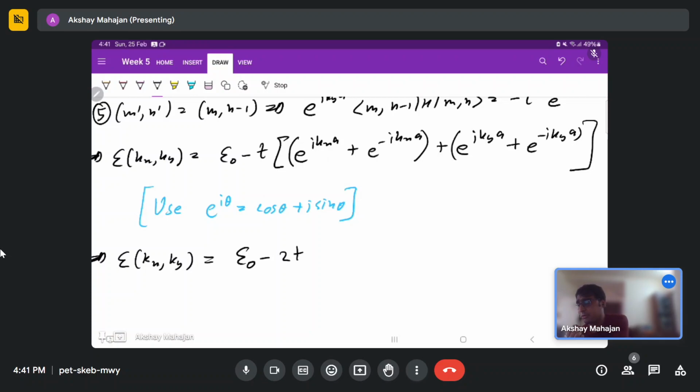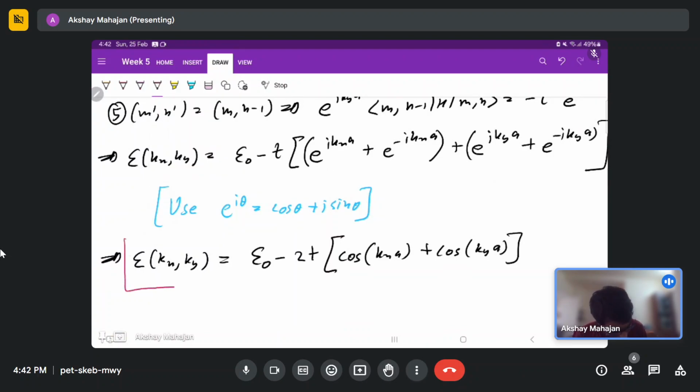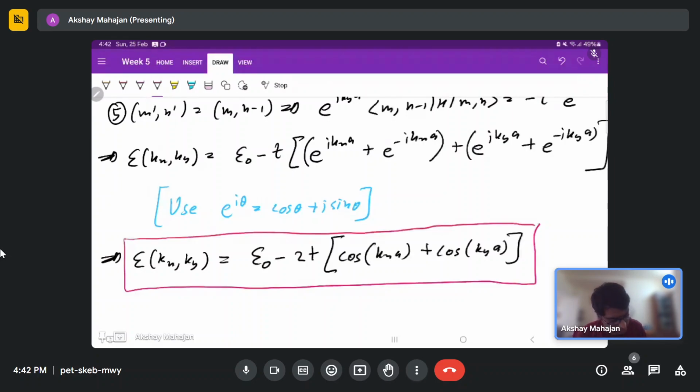It will be epsilon naught minus 2t times cosine of kx of a plus cosine of ky of a. So this will be our answer for the square lattice. This will be the energy dispersion for the square lattice: E(kx, ky) equals epsilon naught minus 2t (cos kx a plus cos ky a).